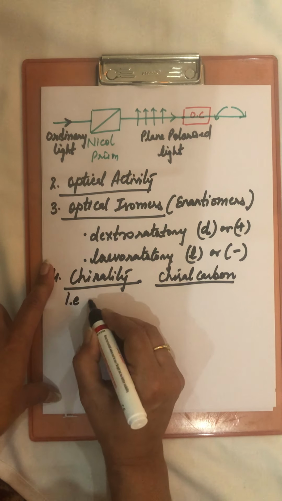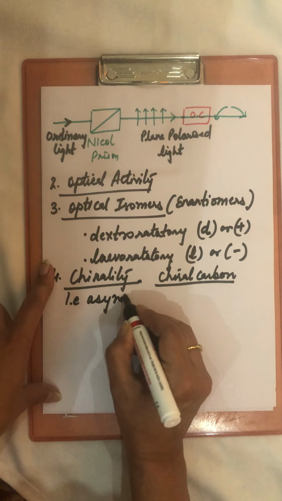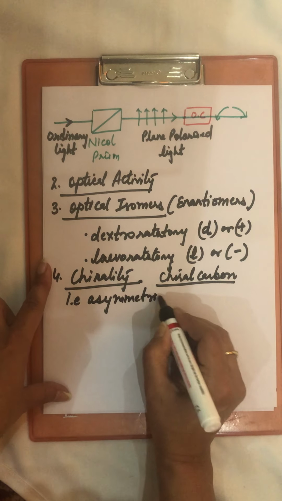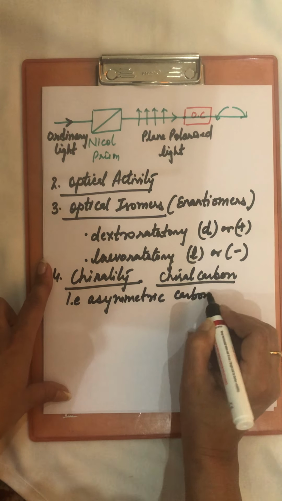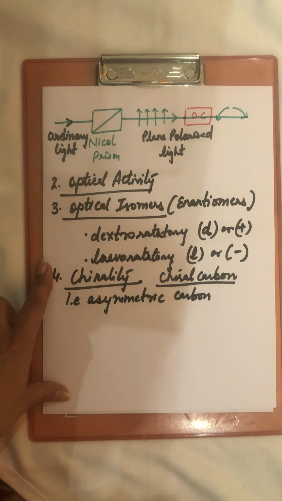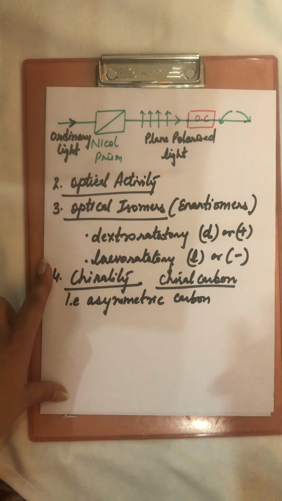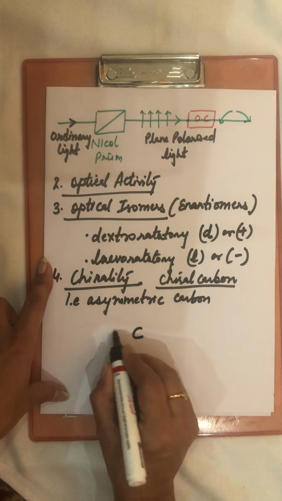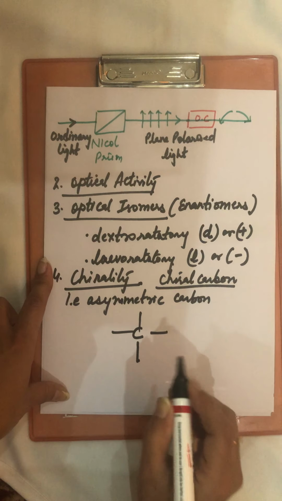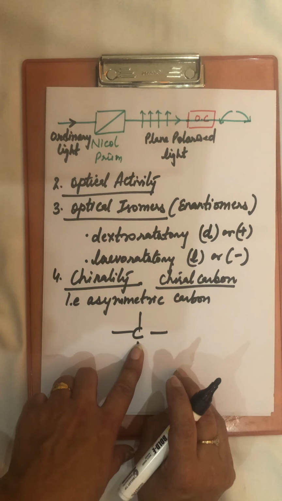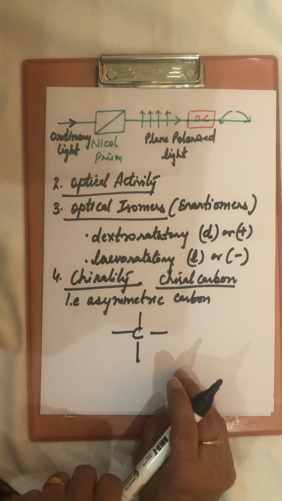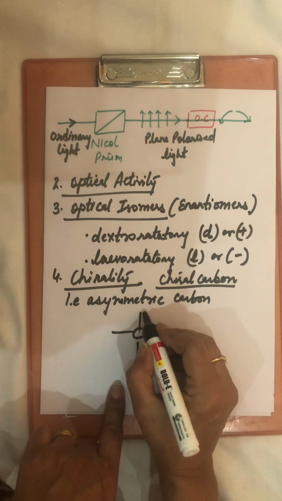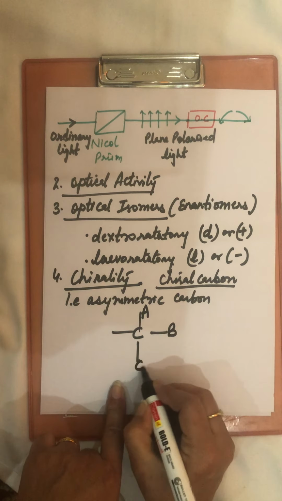Chiral carbon means an asymmetric carbon. Asymmetric carbon means a carbon which has all four groups attached to it different.